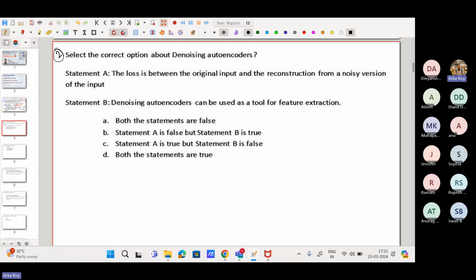Yes, that is true, because if I just show you the schematic of the denoising autoencoder over here, again you have a latent space. Consider I am using an undercomplete autoencoder structure, which reduces the dimensionality in the latent space, and then reconstructs back.